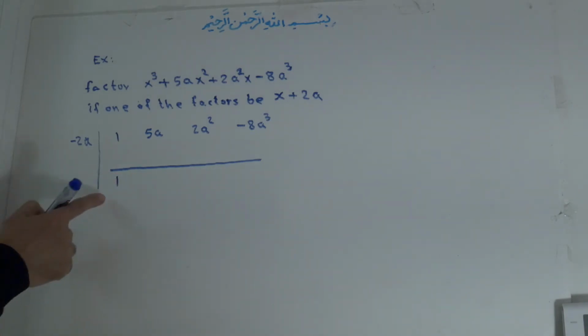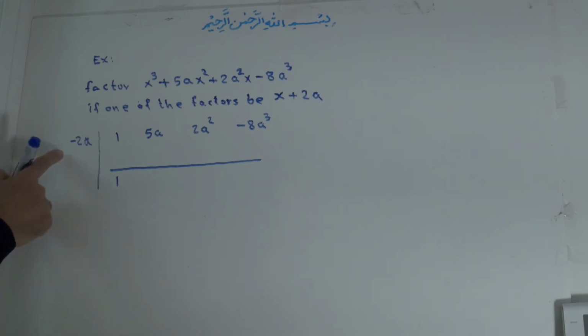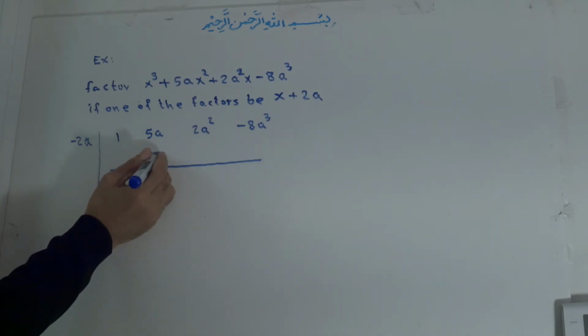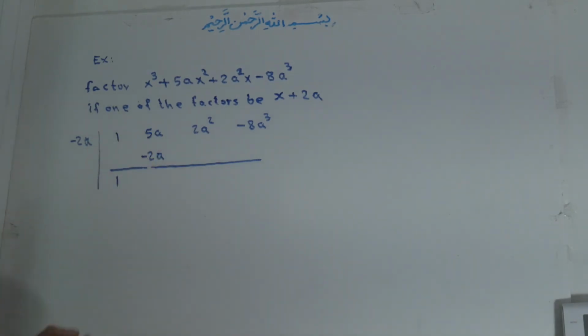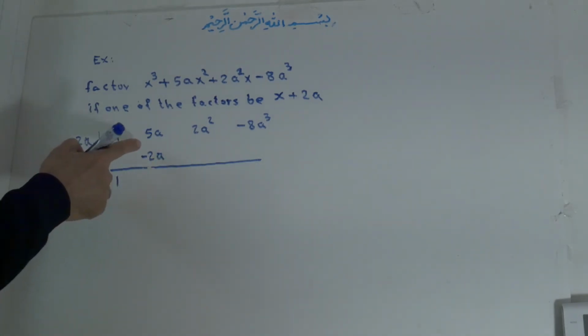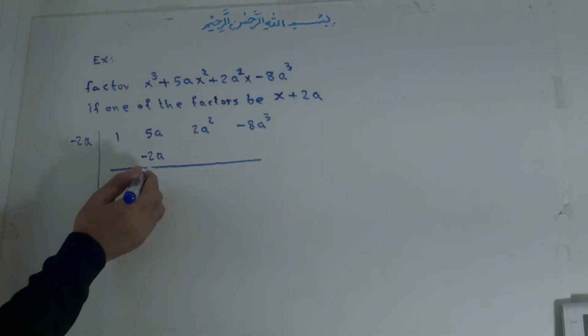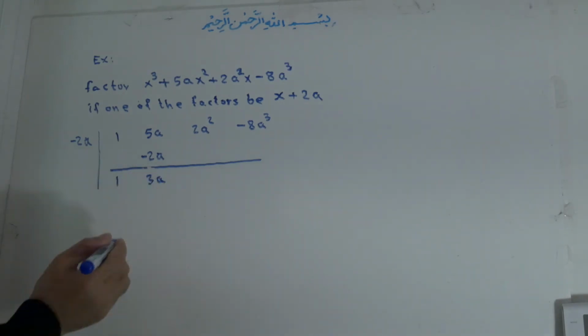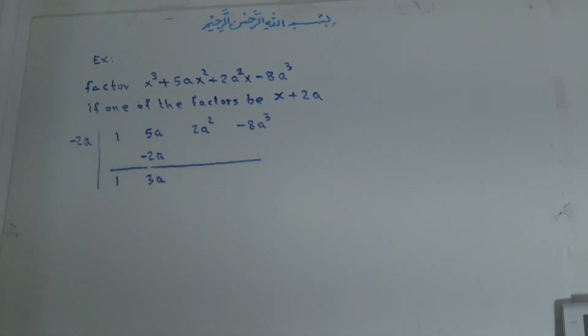Then we multiply: 1 times minus 2a is minus 2a. Now we add these two algebraically. Positive 5a and negative 2a is positive 3a.